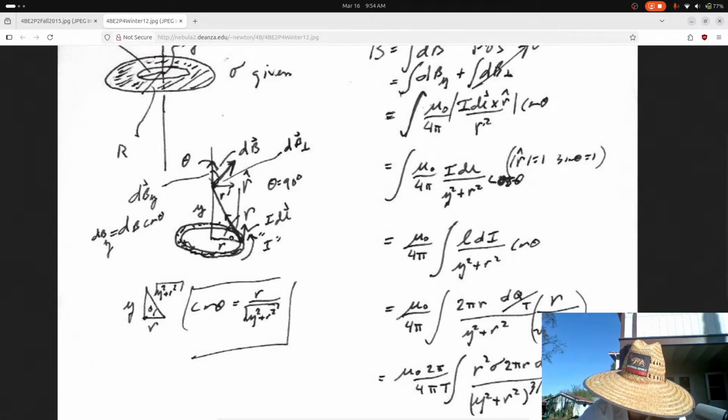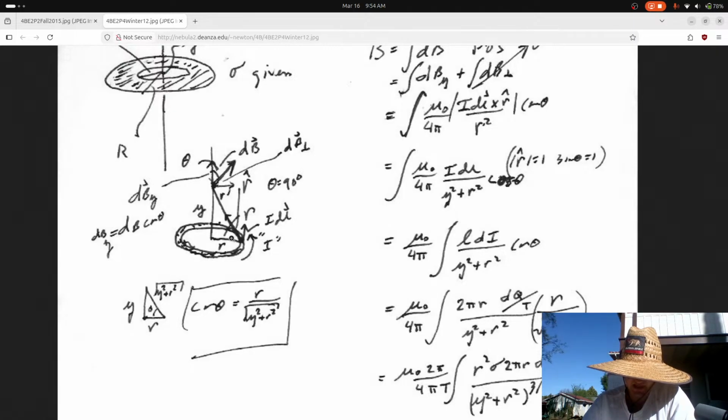He calls this theta. So wait, hold on. If this is going in like this and then like this, then this is dB. So then this is dBy. And this is theta. So dB cos theta is equal to dBy.